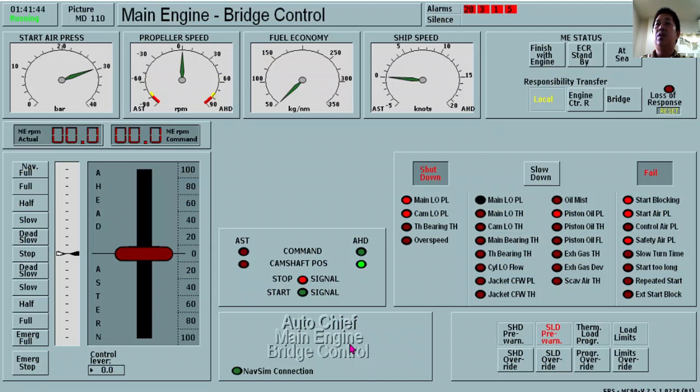So we have also here the bridge control. The control is also the same. If you transfer the responsibility to the bridge, the bridge can operate this engine throttle. So this is all our discussion for this topic. As you can see here, the bridge control also has the system of what we call the engine control.